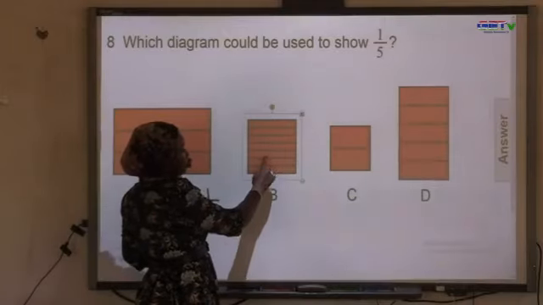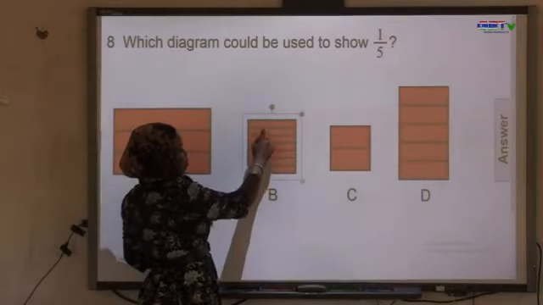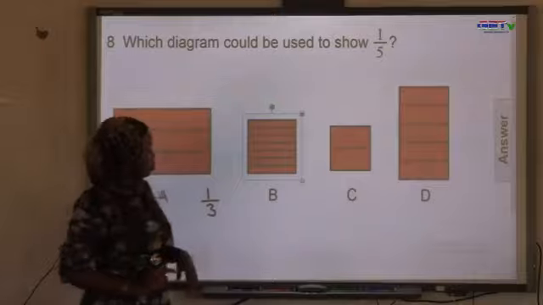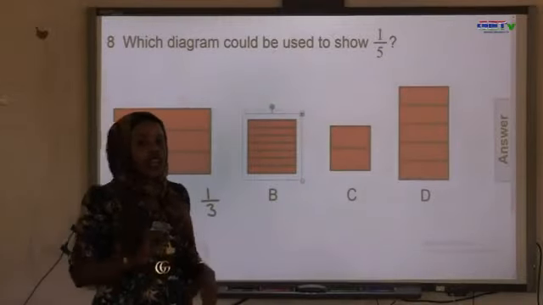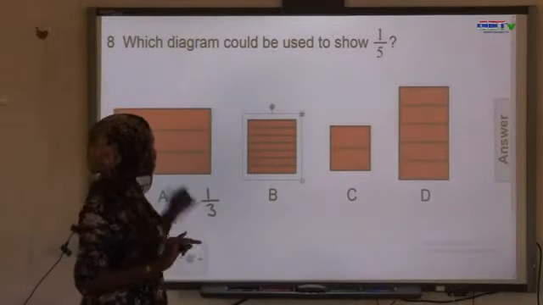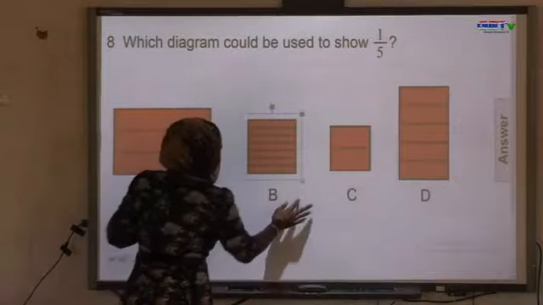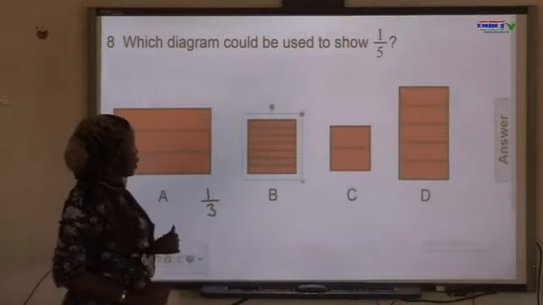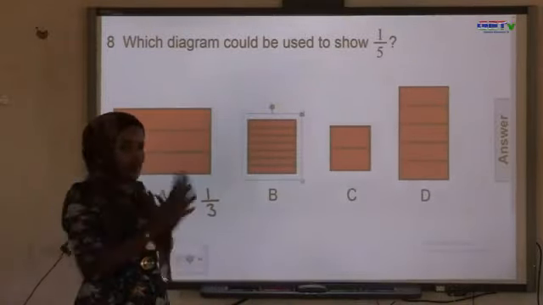1, 2, 3, 4, 5, 6, 7. It is divided into 7 equal parts. Now, how are we going to represent one part of this diagram?